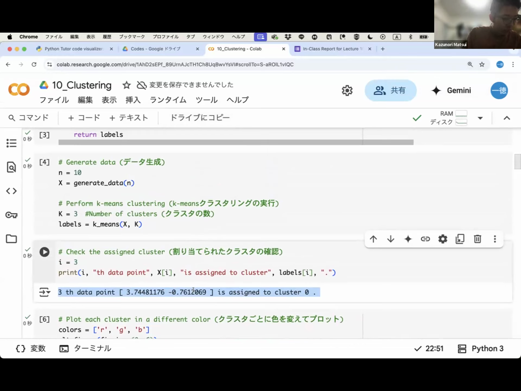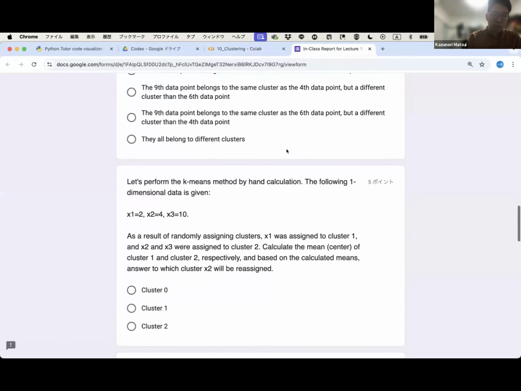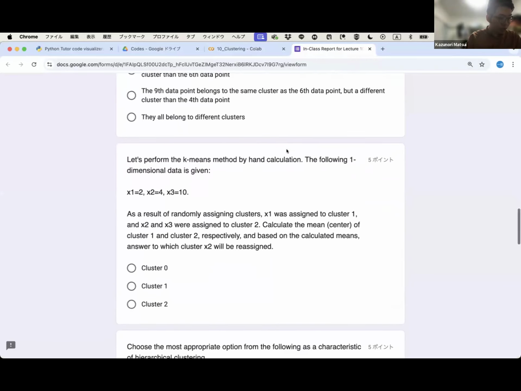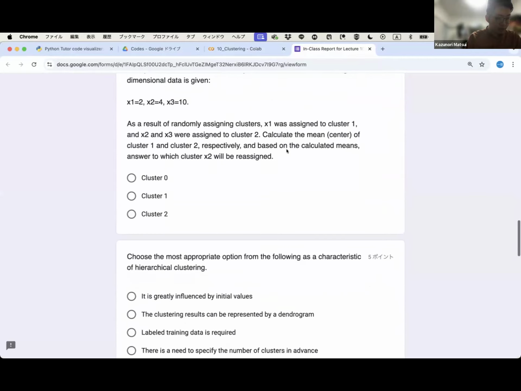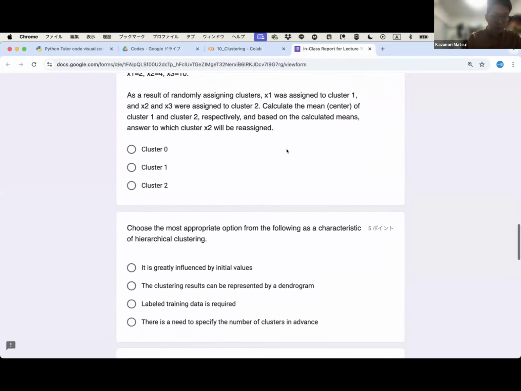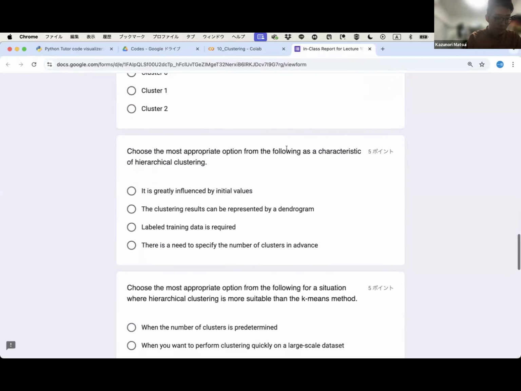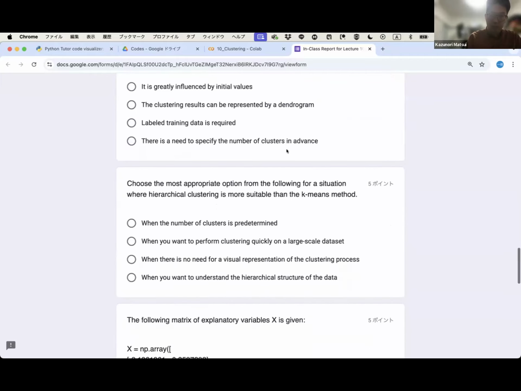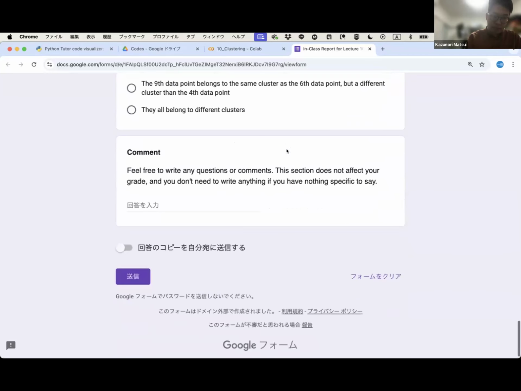So if we confirm which clusters the fourth, sixth, and ninth are assigned to respectively, the problem can be solved. It's a calculation problem, and after that, it becomes a similar problem for theoretical clustering. Okay, that's all.